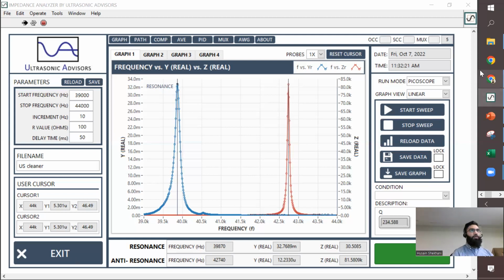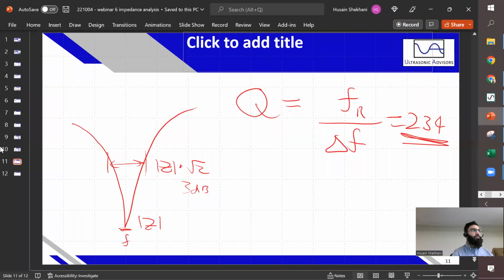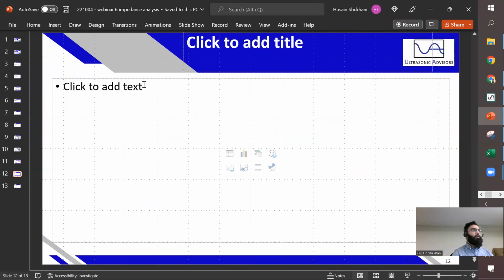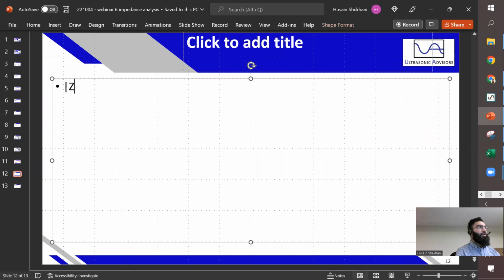So I'll just write these notes here. What I'm basically doing: impedance is normally represented as impedance and phase, and you can convert that to real and imaginary impedance.